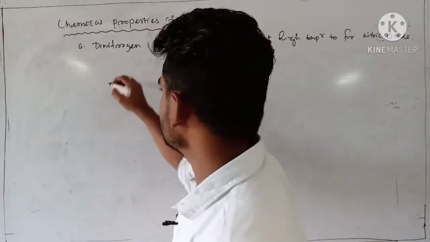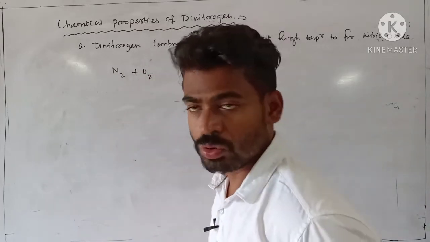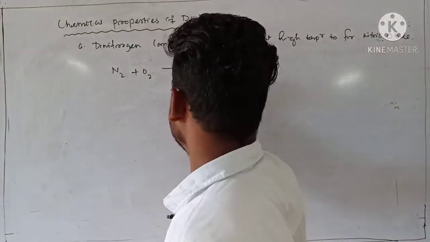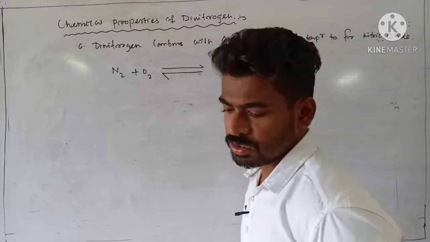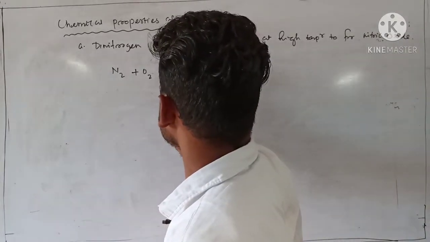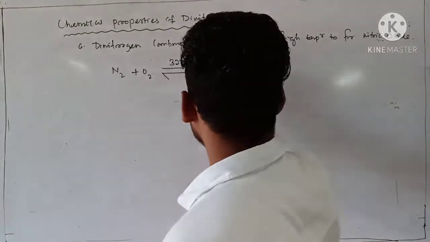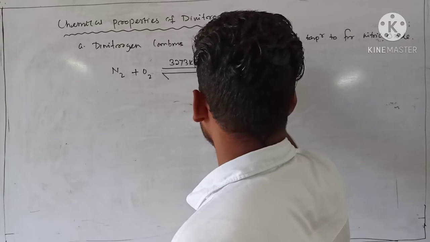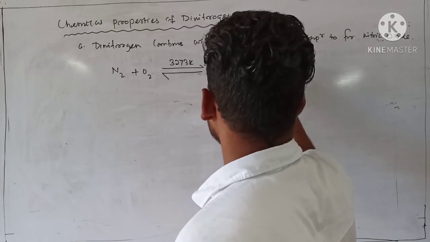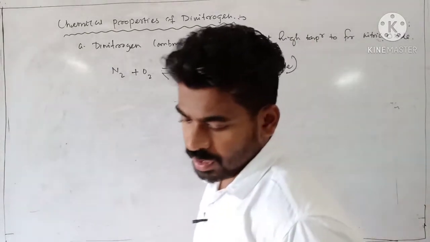N2 plus O2, and this reaction is reversible. The temperature is above 3000, that is 3273 Kelvin. You see, high temperature. It will form 2NO, called nitric oxide.